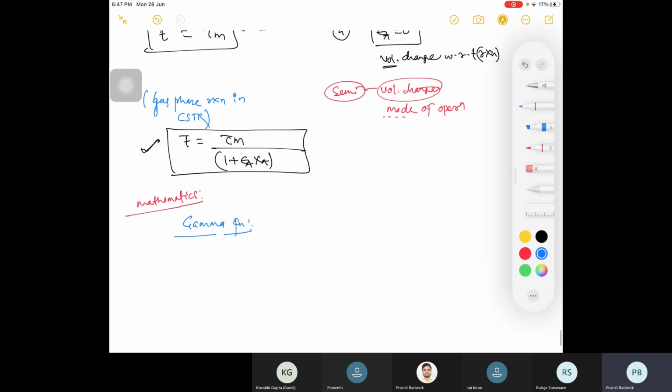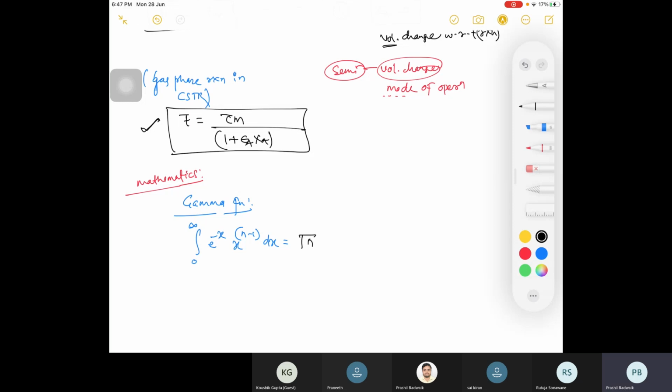Here what happens? If you express any integration in this form, 0 to infinity e to the power minus x, x to the power n minus 1 into dx, if you are able to express any integration in this form, you will be having this value as gamma n, and gamma n plus 1 is equal to two values: n into gamma n, and it is equal to n factorial.